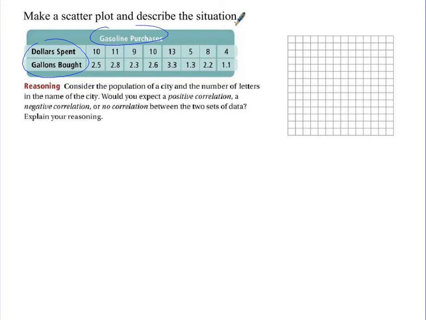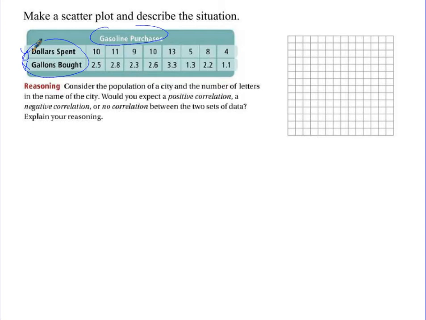Now, what do we do? Which one's X and which one's Y? X is gallons. Good. And Y is dollars spent. The more gallons I buy, the more money I spend.